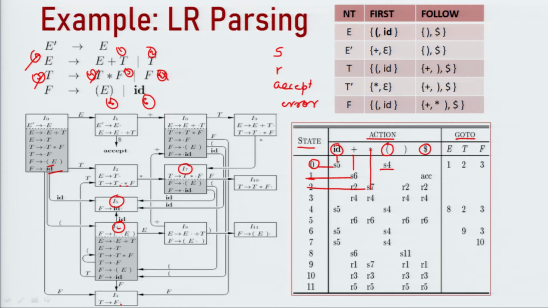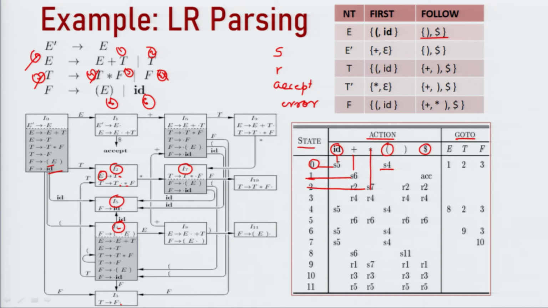Now see, suppose we are in this item I2, where the dot is at the extreme right position. So, we will obtain follow of capital E. Follow of capital E is closing parenthesis and dollar.